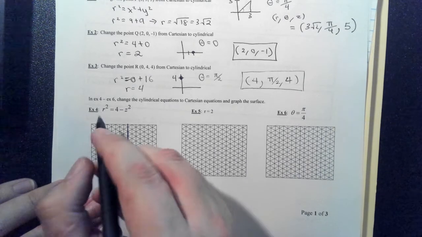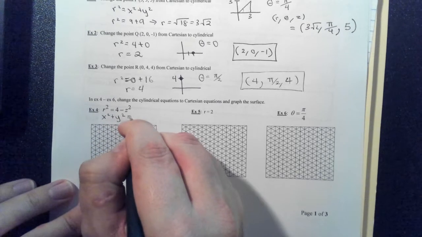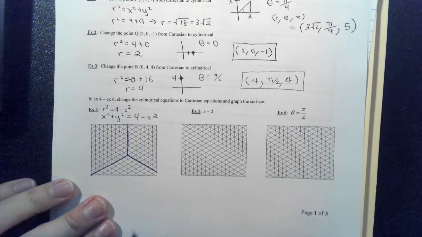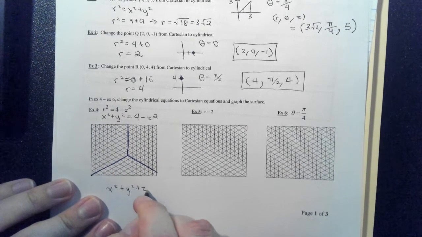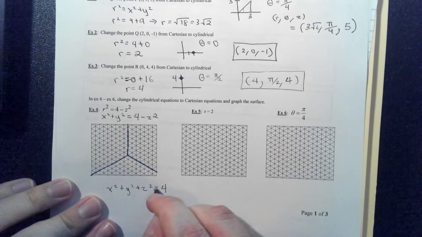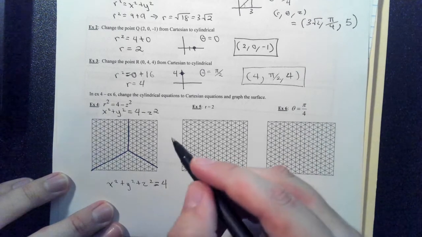Well, if you look at this, r squared we know is x squared plus y squared. If I rearrange that, I will get x squared plus y squared plus z squared equals 4, which is the unmistakable equation of a sphere with radius 2.